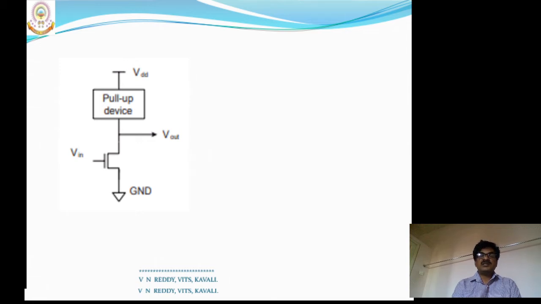And another device is referred as pull-up device. It is located between VDD and output terminal. But there are different types of pull-up devices used. Each one has their own advantage and disadvantage.